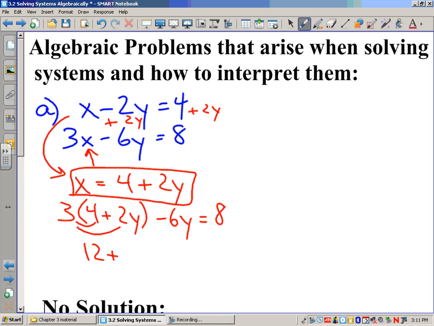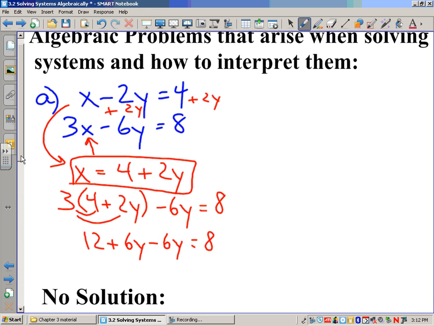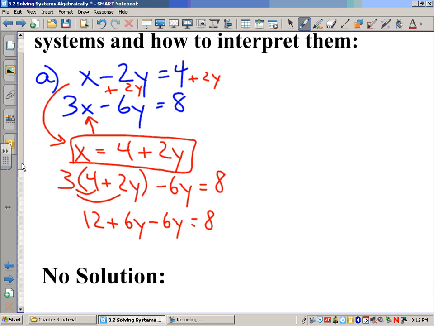Distribute: 12 plus 6y minus 6y equals 8. And as you're solving that, these go away. So now I have 12 equals 8. You can't solve for y or x if you don't have an x or a y. So with this, notice that 12 does not equal 8. So if the variables cancel and each side is not equal, then there is no solution.